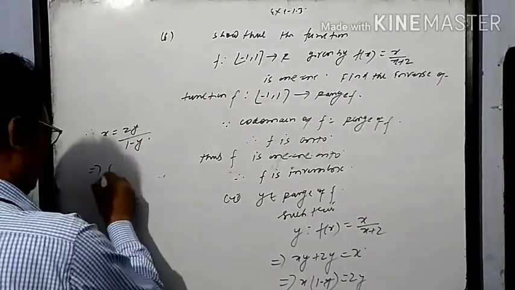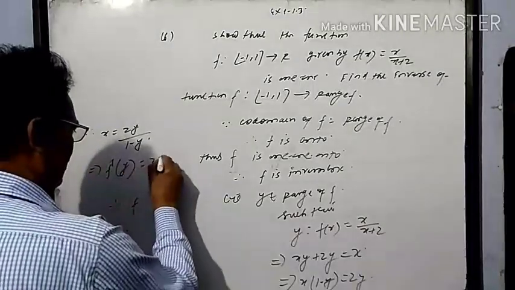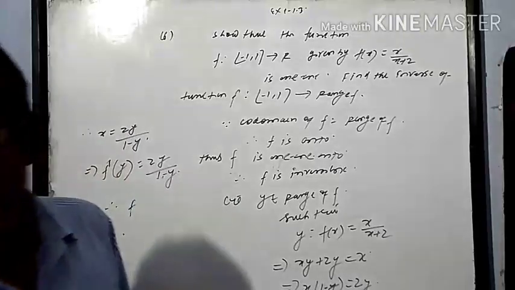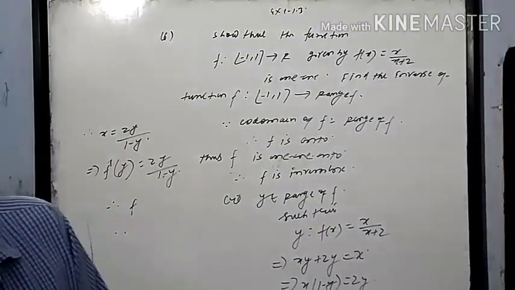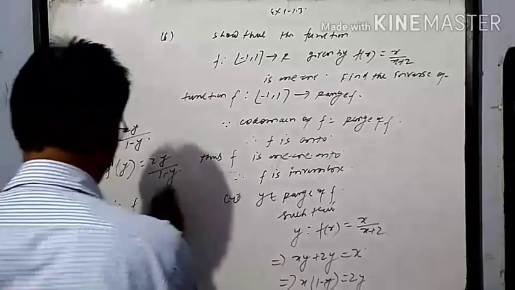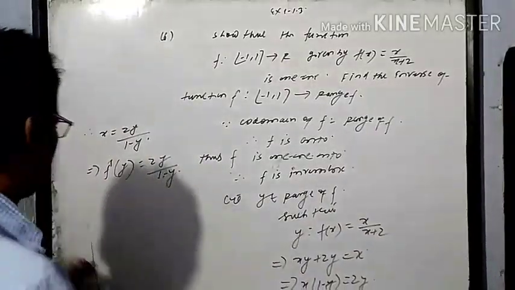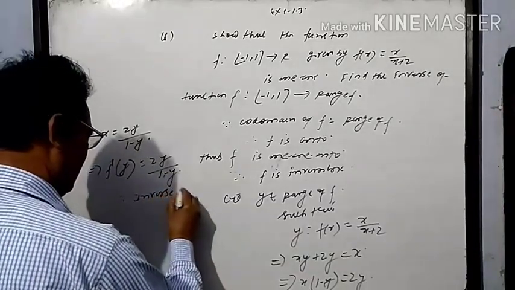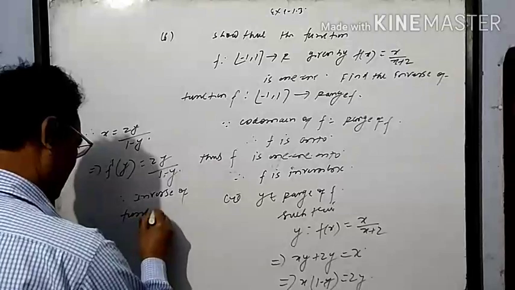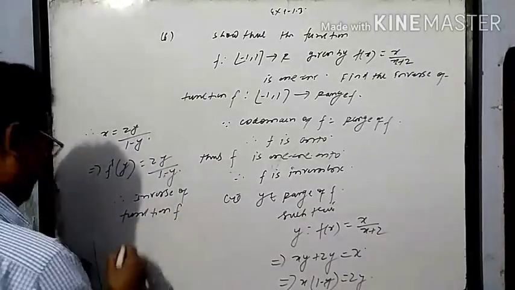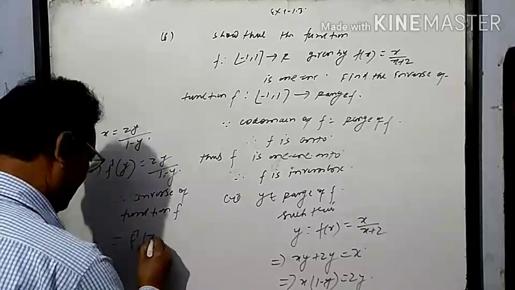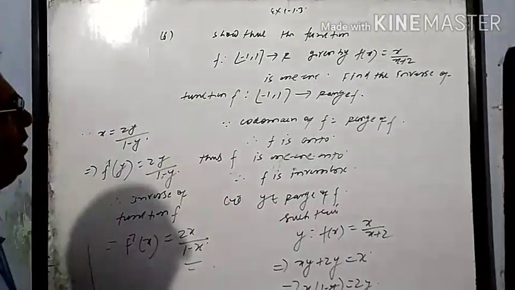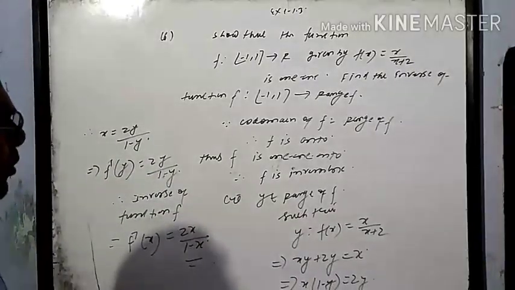This implies that f inverse of y is equal to 2y/(1 - y). Therefore, the inverse of function f is f inverse of x = 2x/(1 - x). This is the solution of this problem.